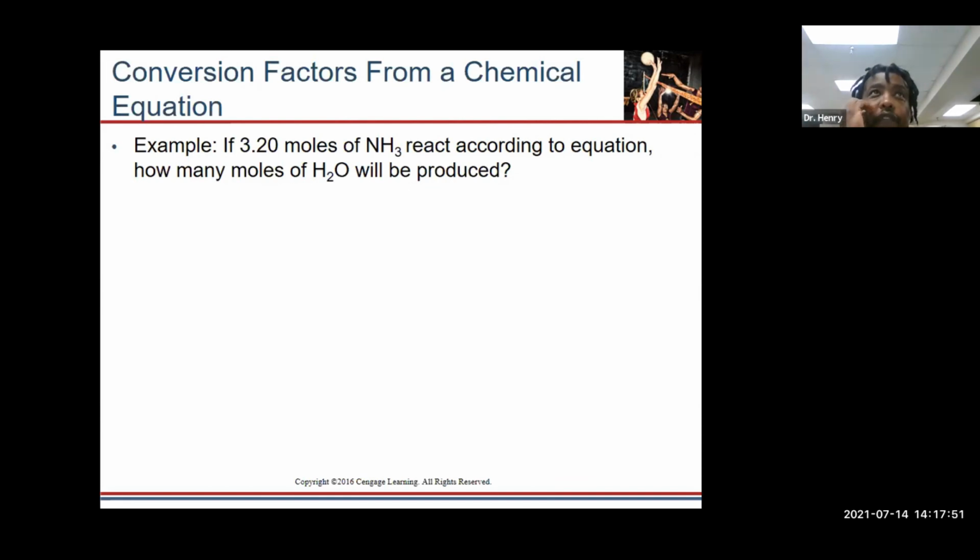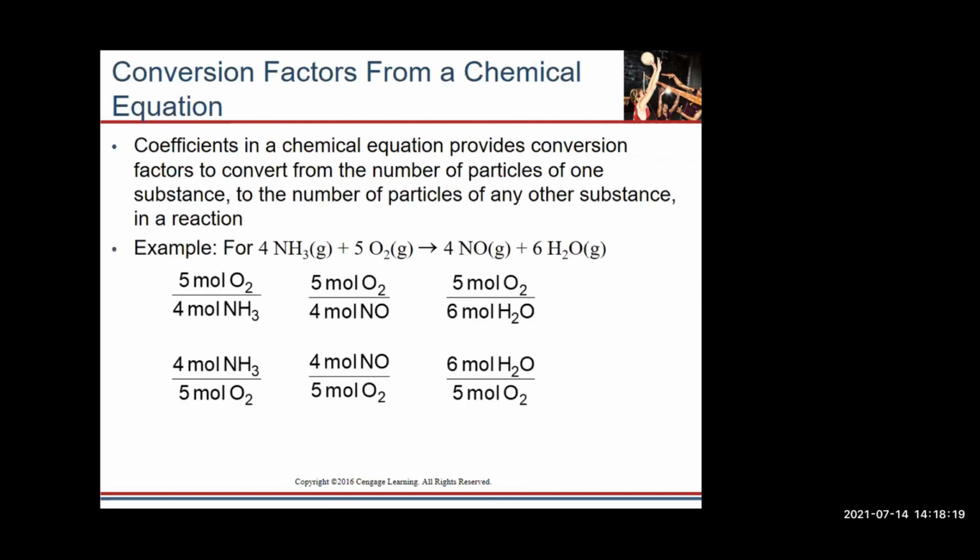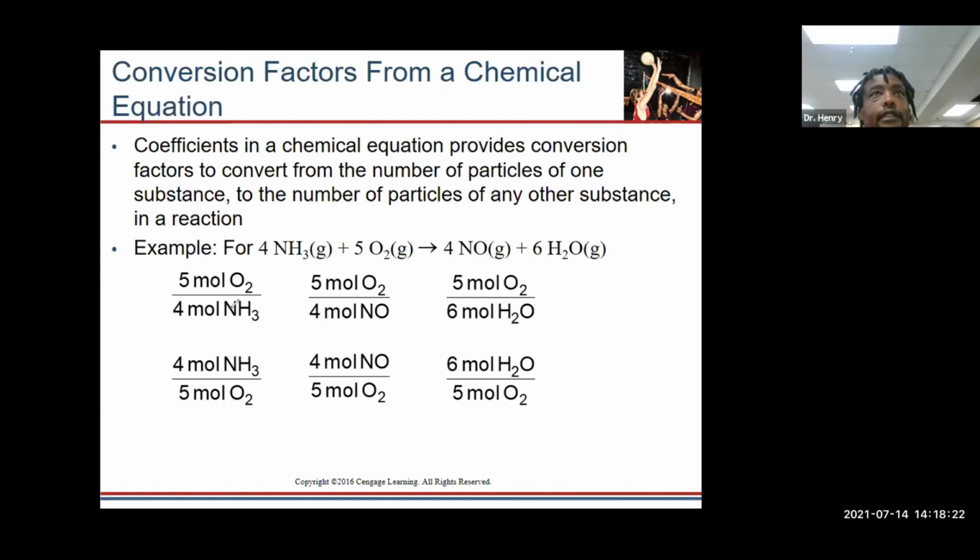So if I have 3.20 moles of ammonia react according to the past equation, how many moles of water will be produced? Where am I going to start? You would use the equation, right? So we're going to go back to our equation. Okay, here's our chemical equation. What was my given in that problem?